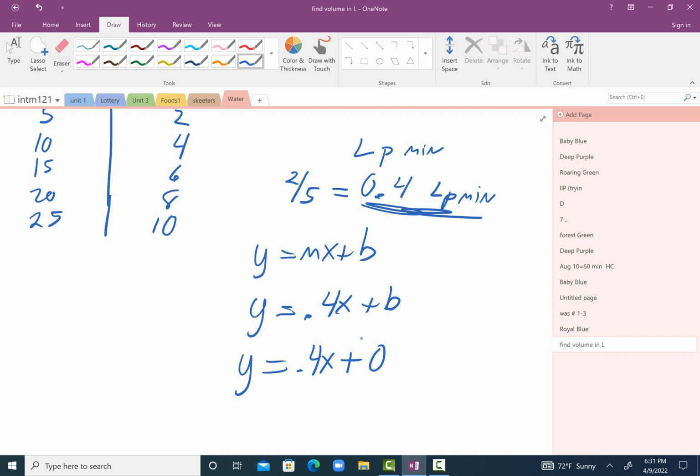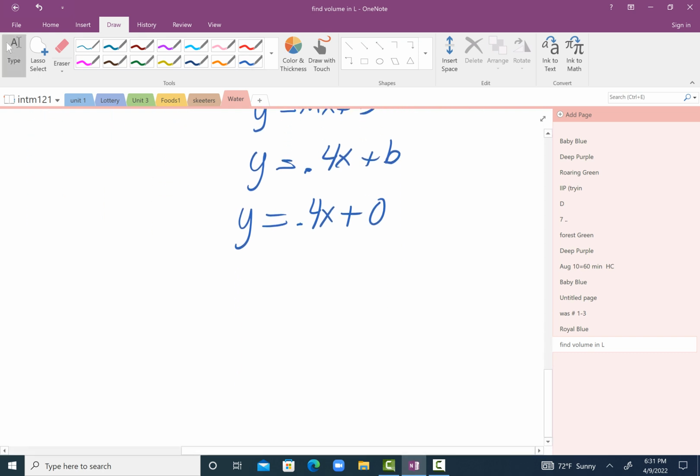Okay. If you have the rate in liters per minute, and you need to convert that into liters per second, then remember when we had seconds, we multiplied by 60. In this case, we're going to divide by 60. So we would take 0.24 or 0.4, sorry, and divide that by 60.